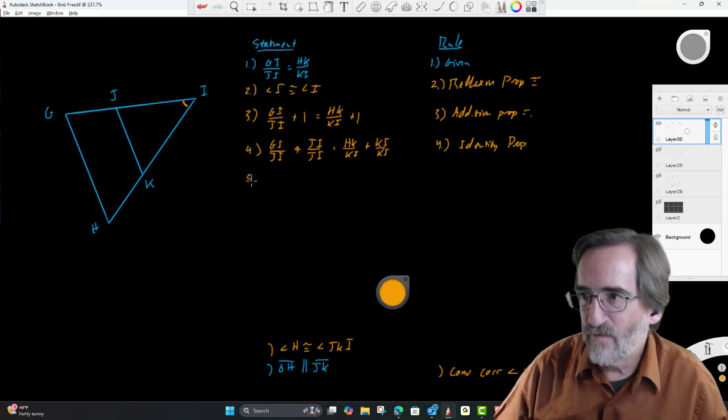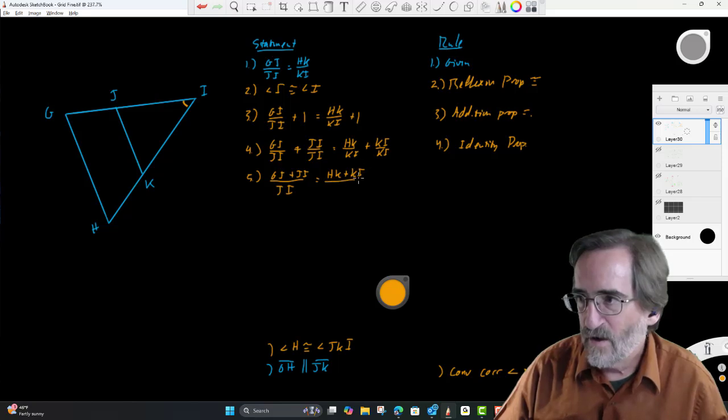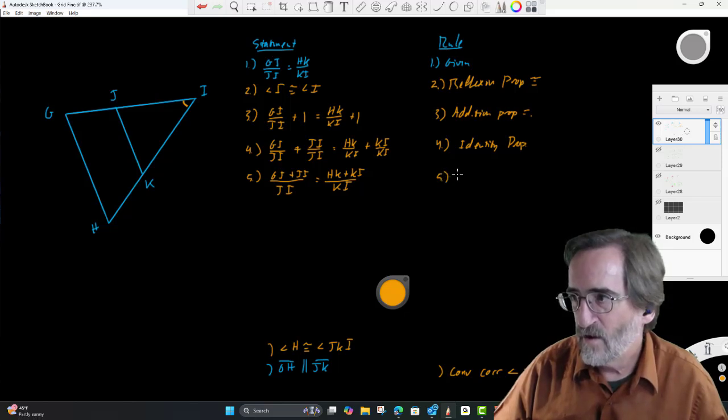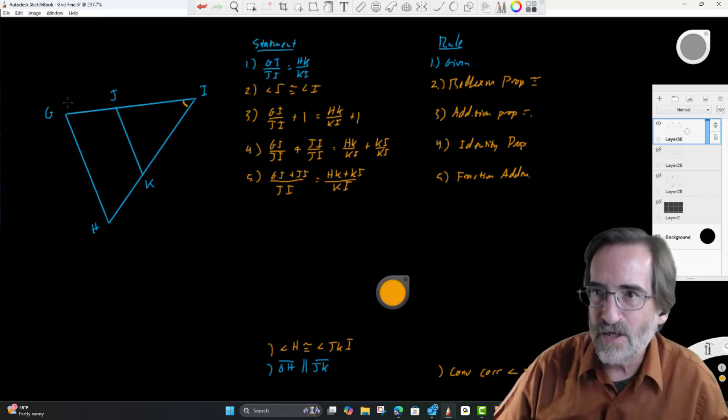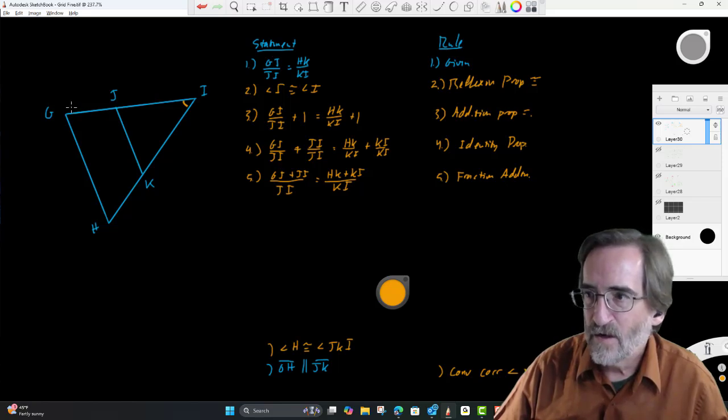Okay, 5, fraction addition, common denominator: GJ plus JI over JI equals HK plus KI over KI. Fraction addition has to have a common denominator. All right, so now segment addition, GJ plus JI.